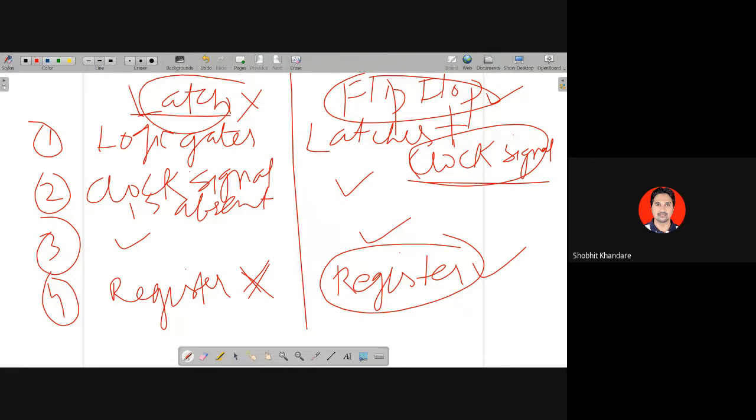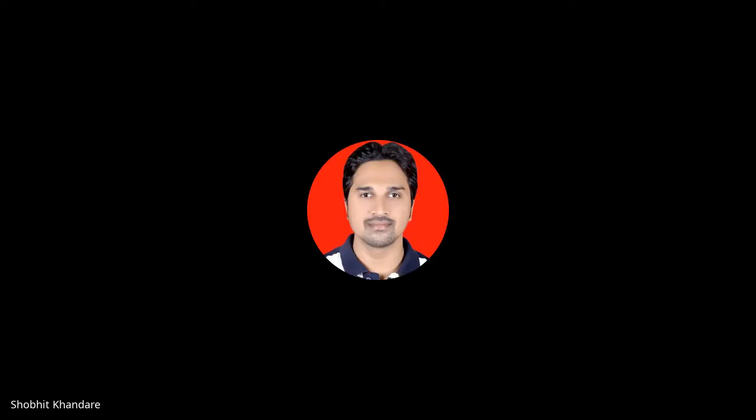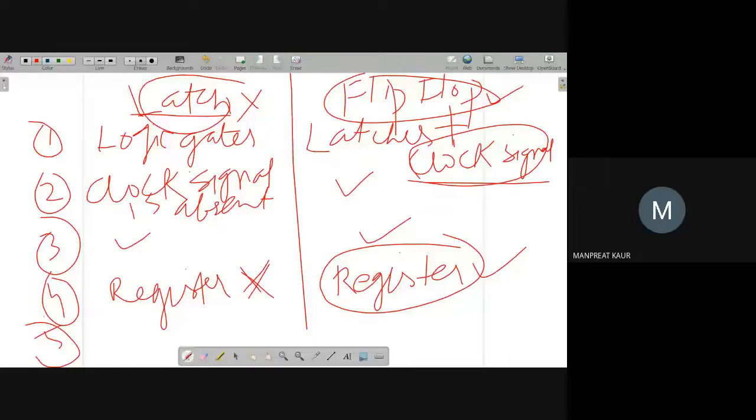Then the fifth point: as the clock signal is absent in the latch, latches are asynchronous.